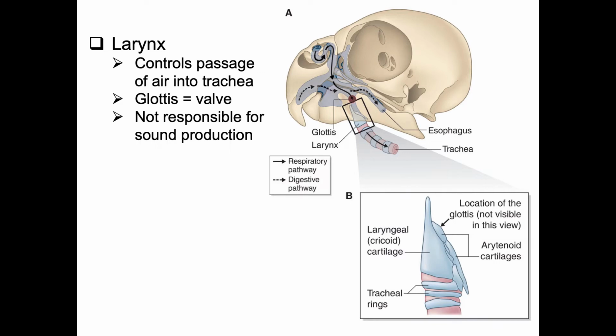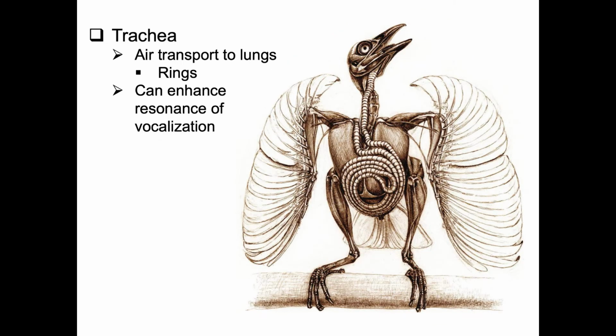Once the air leaves the larynx, it enters the trachea. The trachea is a long hose-like structure with cartilaginous rings to keep it from collapsing, so it's kind of like a vacuum cleaner hose. Again, its main function is just to transport the air to the lungs.